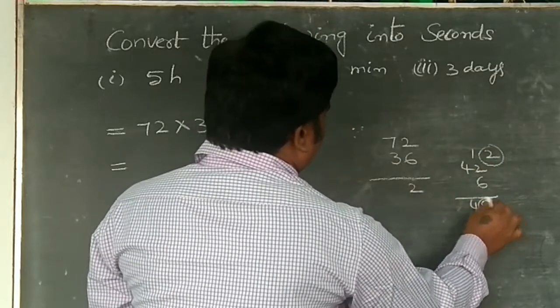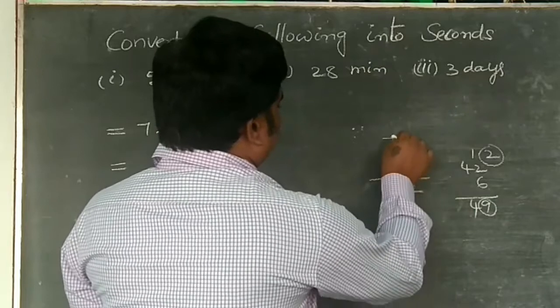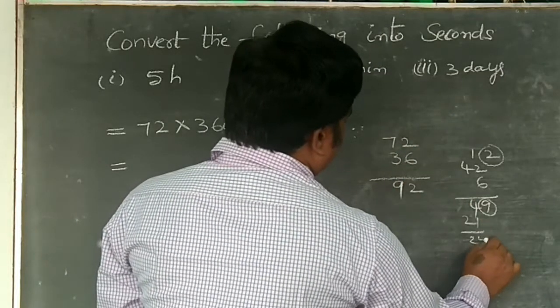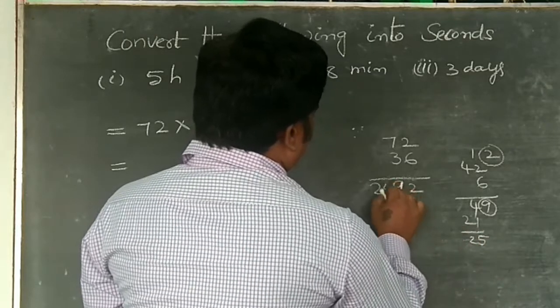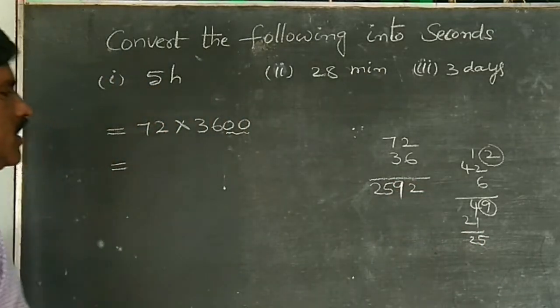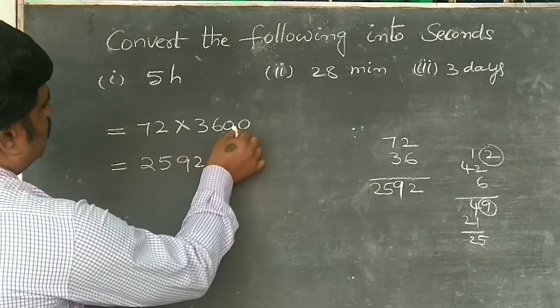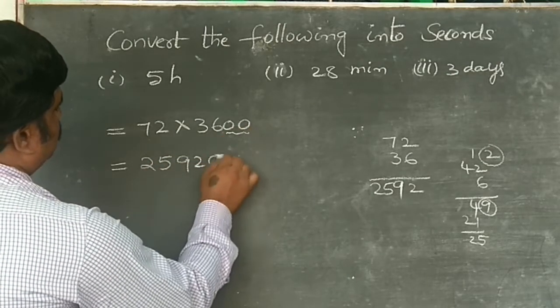We write 9 here, and 7 threes are 21. 21 we add 4, 25. So 2592. Now we write 2 zeros here.